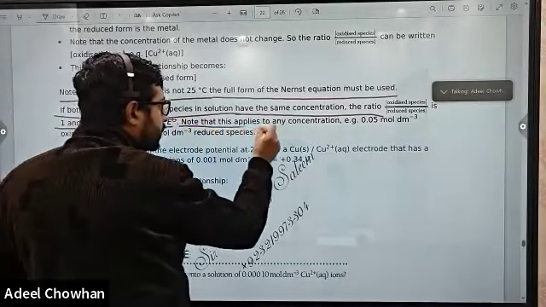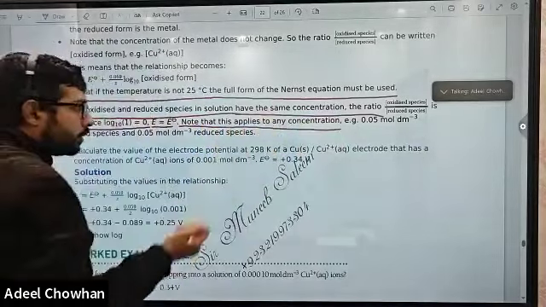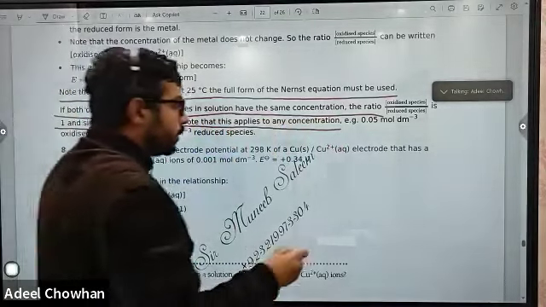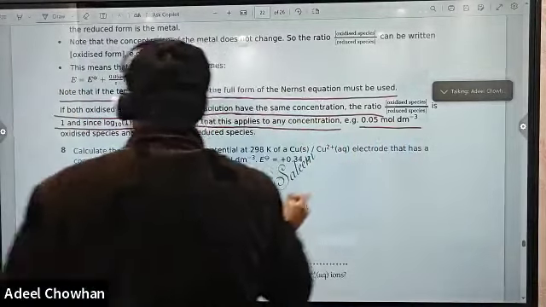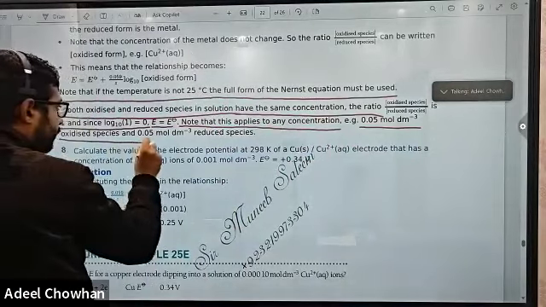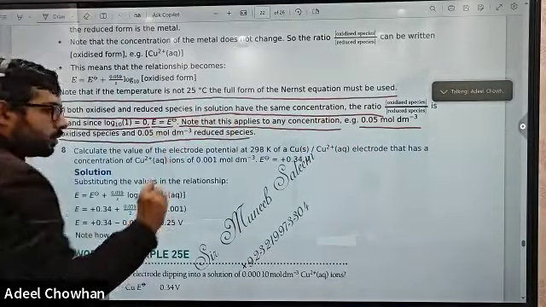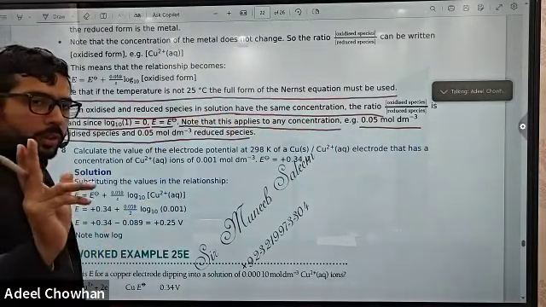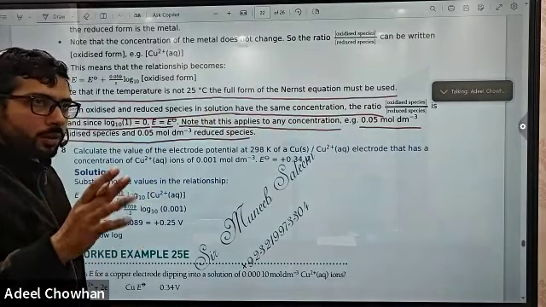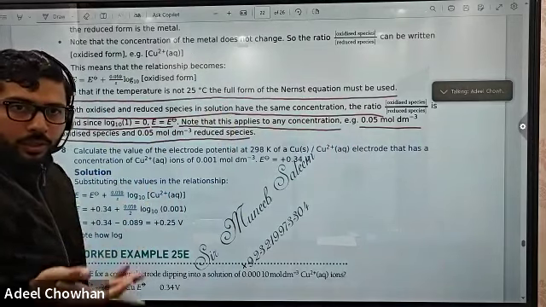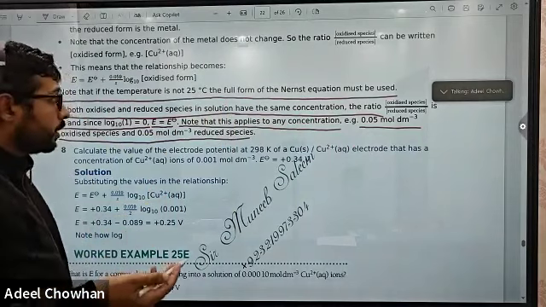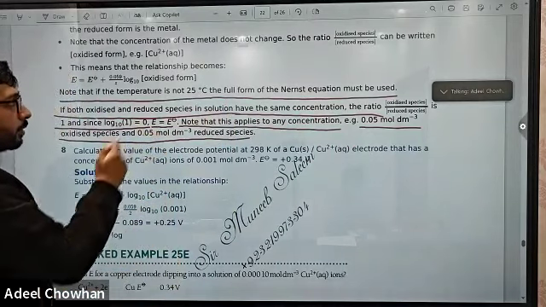Note that this applies to any concentration. For example, even if we have 0.05 mole per dm cube oxidized species and 0.05 mole per dm cube of the reduced species, which means both concentrations are the same, then you will have this value.